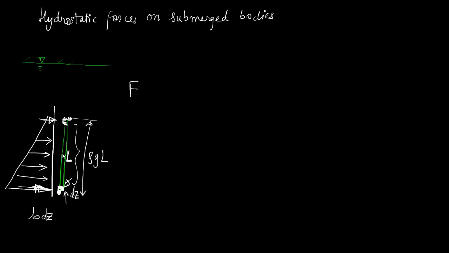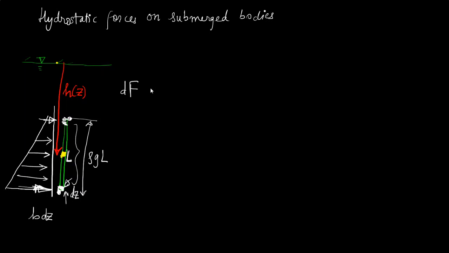As a result, it is a very straightforward problem to find the force acting on this plate. I can write df as the differential force acting on an element. Suppose the location is over here. Let me call that location h as a function of z.